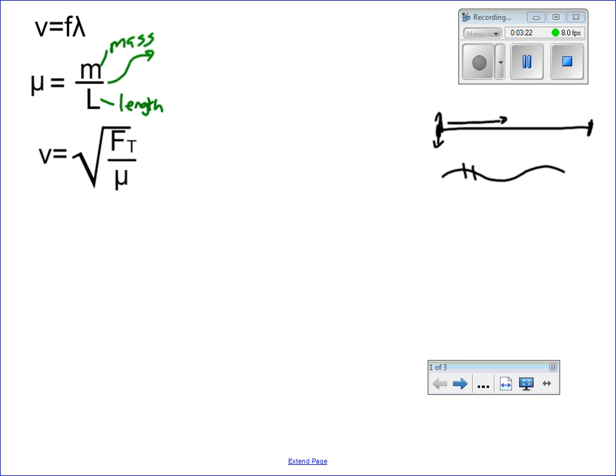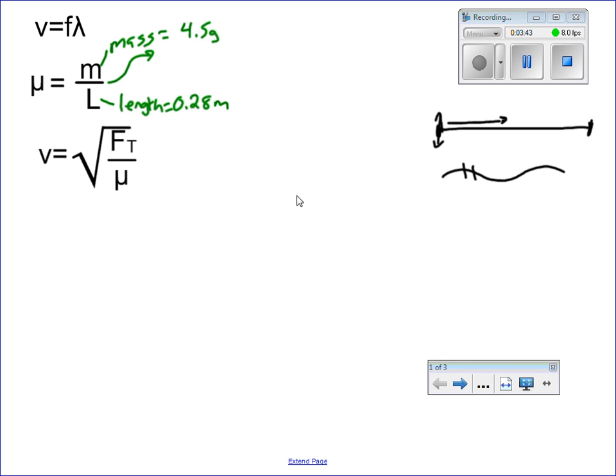So if we have a string that's 28 centimeters long, so 0.28 meters, and the mass is 4.5 grams.